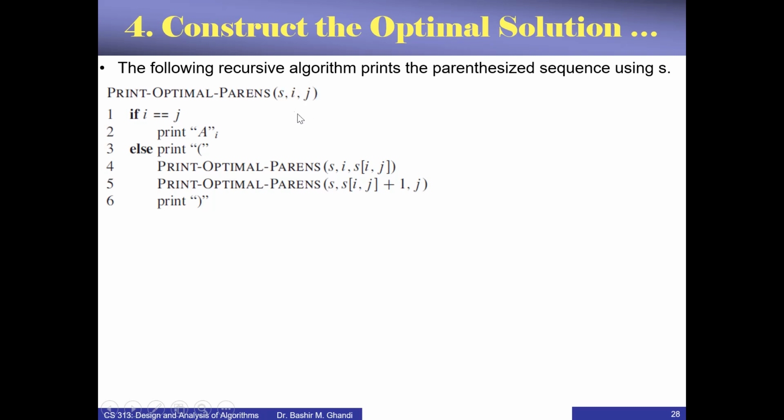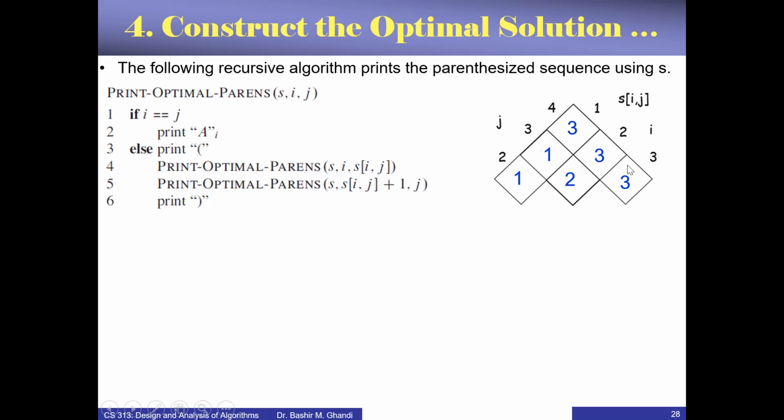Initially this will be 1, n, where 1 is the first value of i and n is the last value of j. It will be making recursive calls, so these values will change as the algorithm calls itself. This is our array S, and we're going to use it to show how this algorithm works, by tracing the recursive tree.